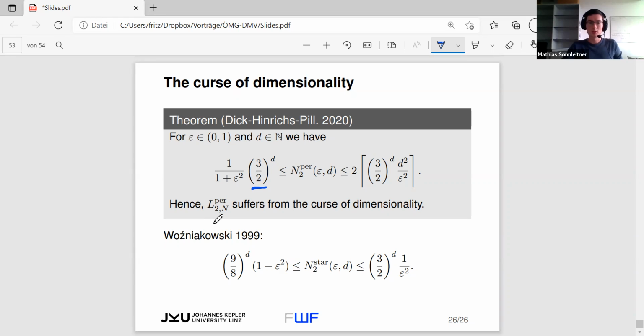I have a small question. Maybe the 9/8 here. Do you believe that it can be improved to 3/2, similar to the other case, periodic discrepancy? Good question. I don't know. One has to look into the proof.